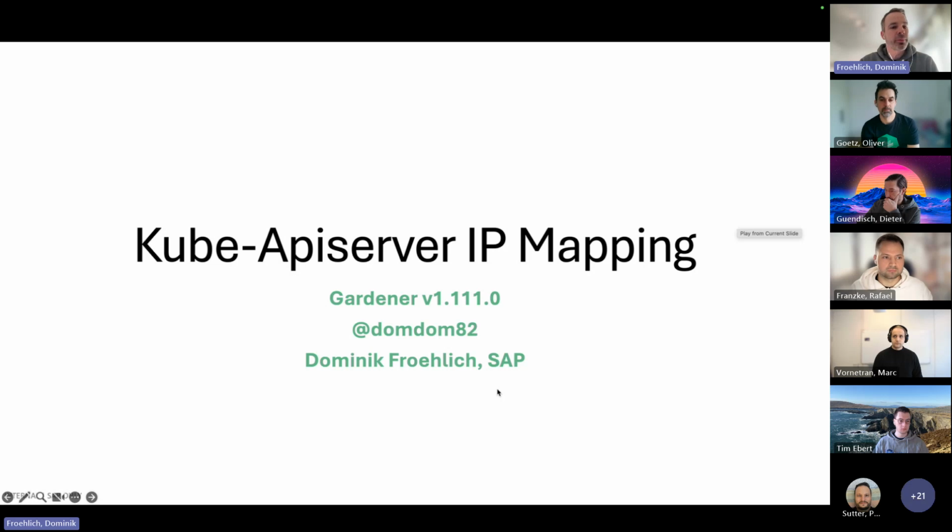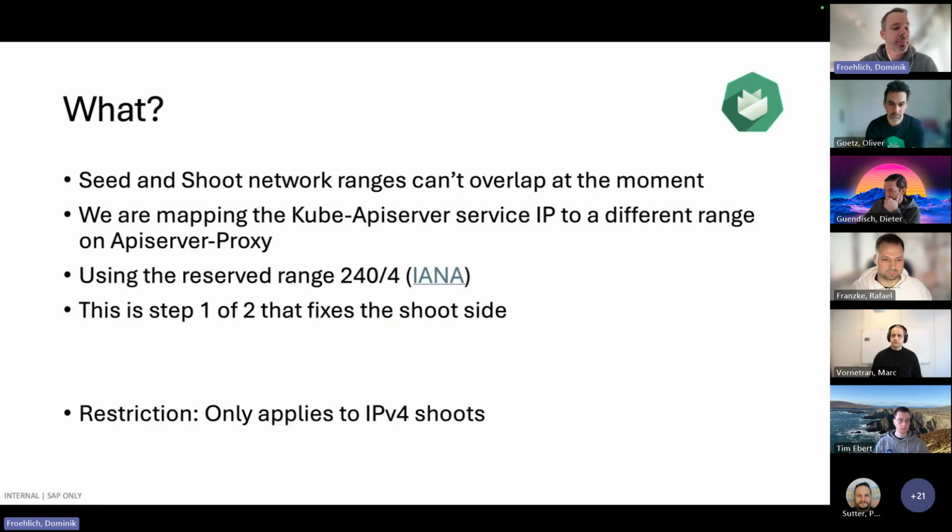Okay, so the kube-apiserver IP mapping, what's this all about? So first of all, what are we doing now? As you may know, the seed and shoot have some limitations regarding the network ranges, so you cannot have overlapping IP ranges with your seed. And we are working on removing that restriction.